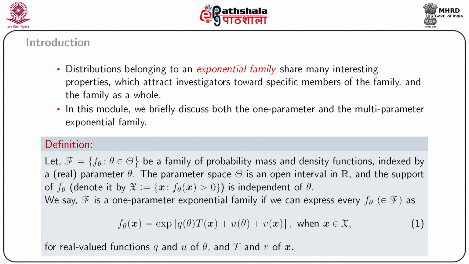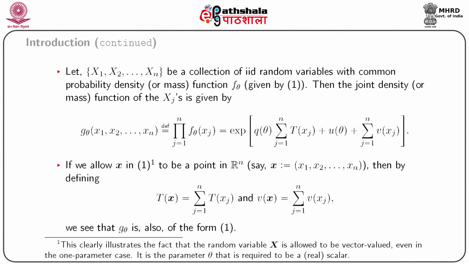and t x and v x are real valued functions of x. If x1, x2 up to xn are IID with common PMF or PDF f theta x, then the joint PMF or PDF of x1, x2 up to xn is given by g theta x1, x2 up to xn equals product over i from 1 to n f theta xi, which equals e to the power q theta into summation over i from 1 to n t xi plus n into u theta plus summation over i from 1 to n v xi.